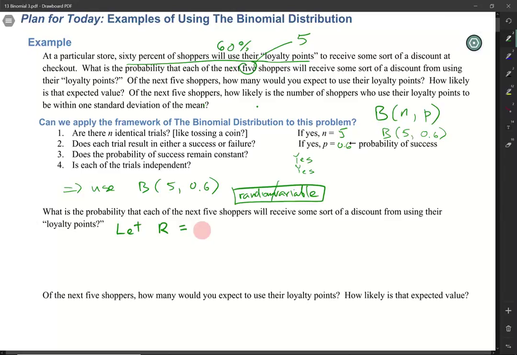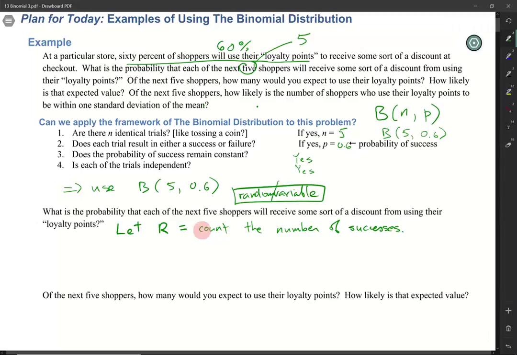Let the random variable be the count, the number of what? Count the number of successes. Does that sound familiar?